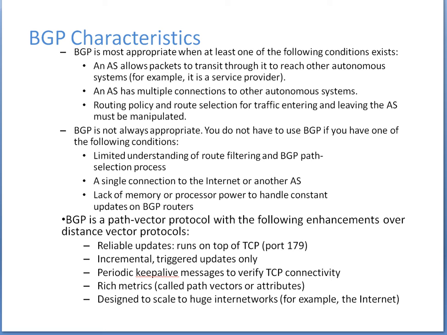Now BGP is a path vector protocol. Why? One reason is that it finds the shortest path, the shortest number of hops, where one hop is equal to one autonomous system. And this is a protocol that works on top of TCP 179, so it's more reliable.